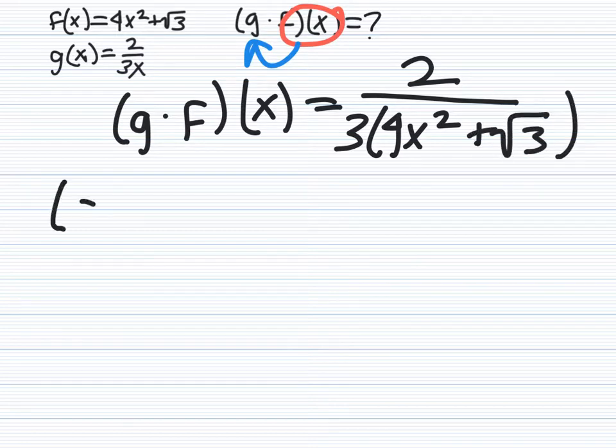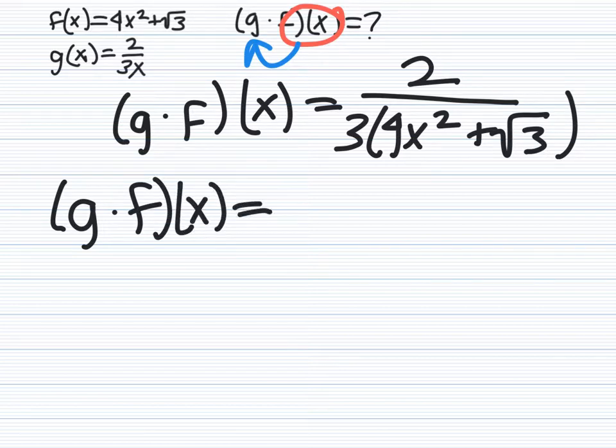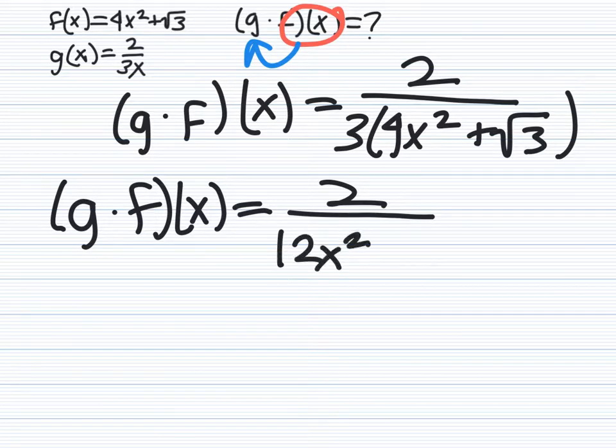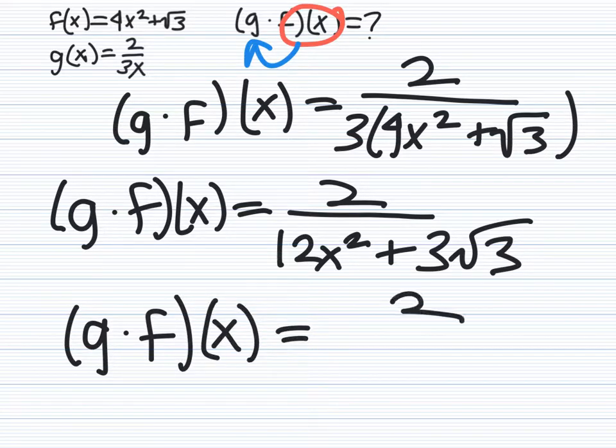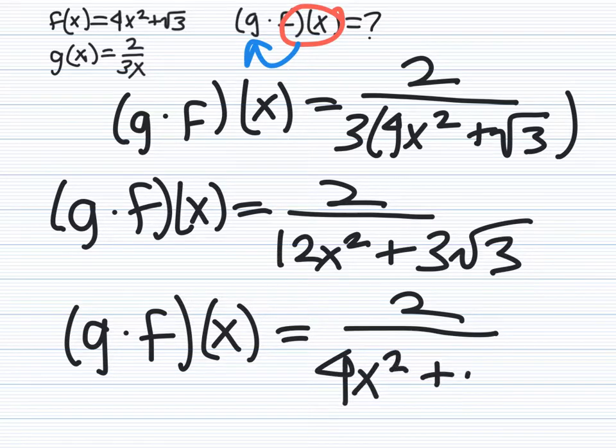So then g of f of x equals 2 over 12x squared plus 3 root 3. And then, of course, you can factor out a 3, so finally g of f of x equals 2 over 4x squared plus root 3.